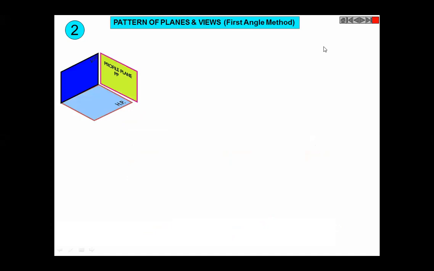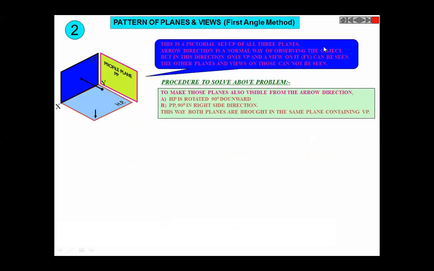Then we have seen first angle. We'll quickly revisit that. How is it done? This is the procedure to make the planes visible from the arrow direction. So this is the direction of view. It will have a vertical plane above the XY line, and then this horizontal plane is rotated downward, so that we will be able to view both these planes.